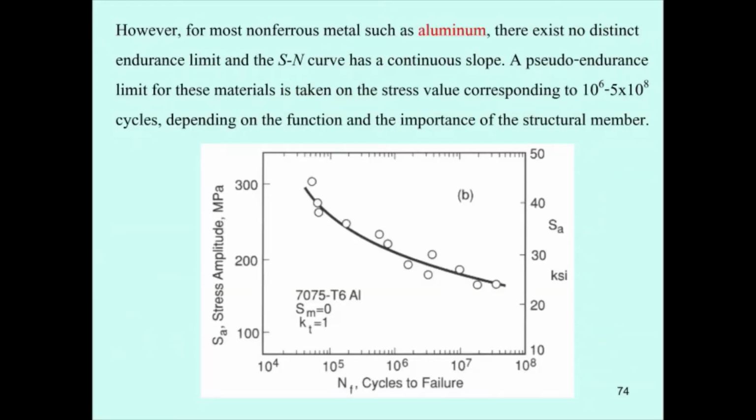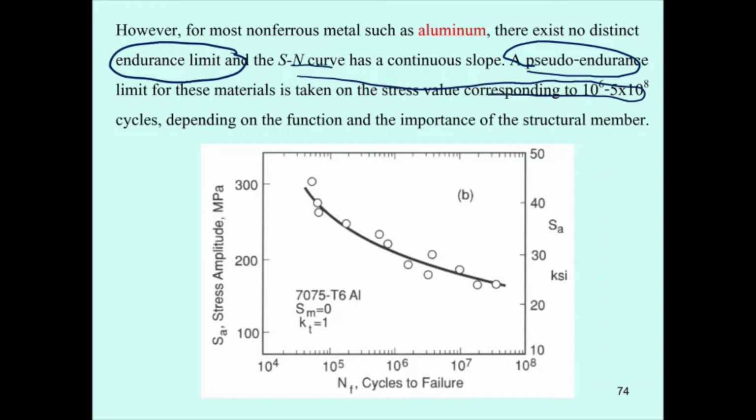Okay, and we have some non-ferrous metals such as aluminum. Aluminum has no endurance limit. To handle this, we have to set up a pseudo endurance limit by taking the stress value corresponding to some specific number of cycles that depends on the function and importance of the structure.